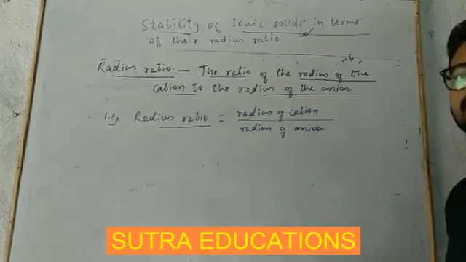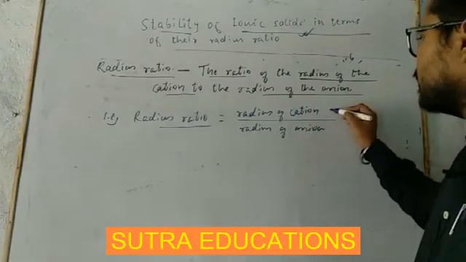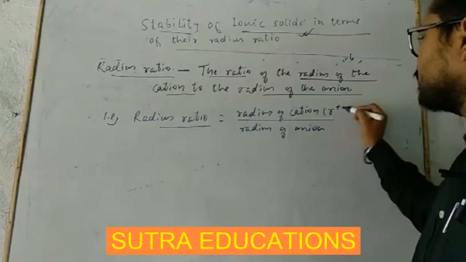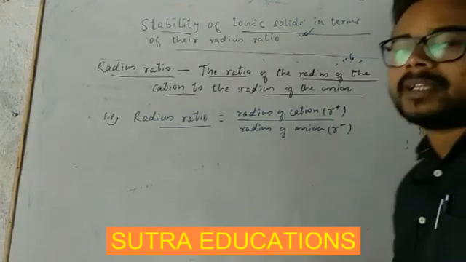Radius of cation can also be written as R plus, and radius of anion can also be written as R minus, minus for anion, plus for cation.